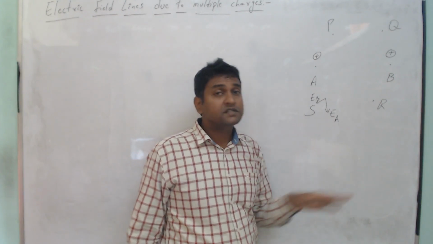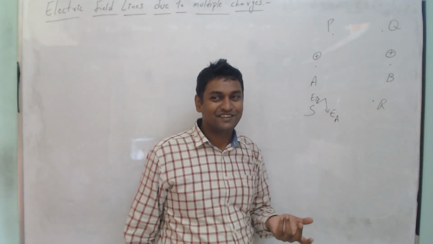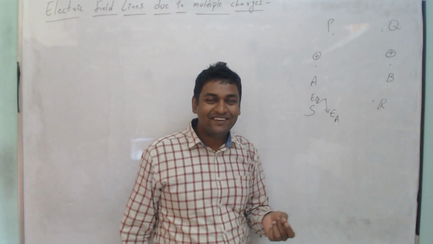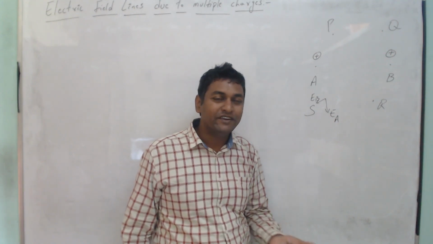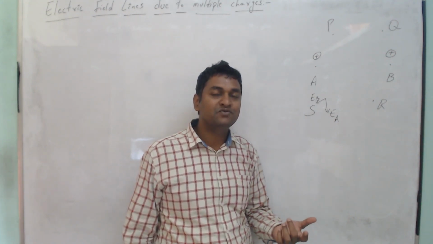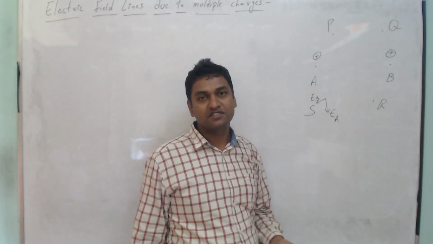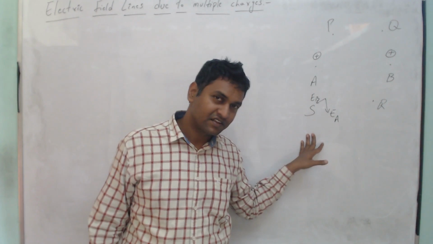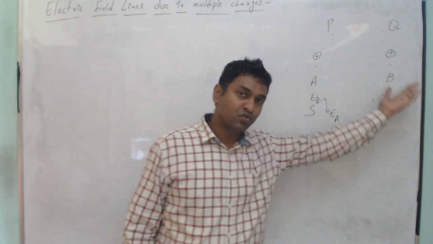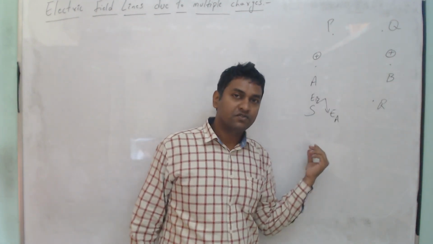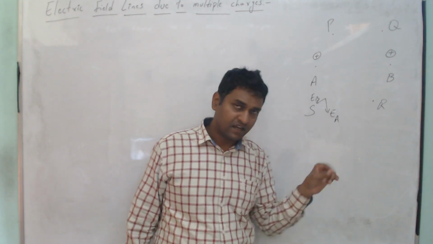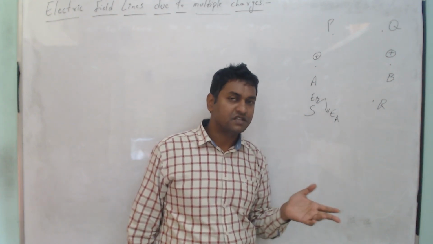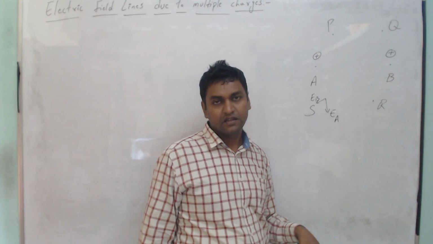At PQRS there is no charge. Yes, sir. We study field at a point. We do not study field for a charge. Field due to a charge at a point. So where we are studying the field, at that point we don't need a charge. That's why we are studying field, right?